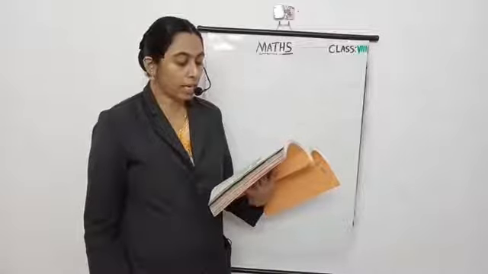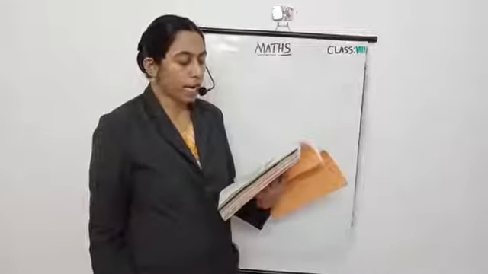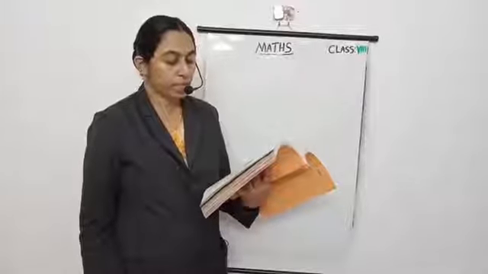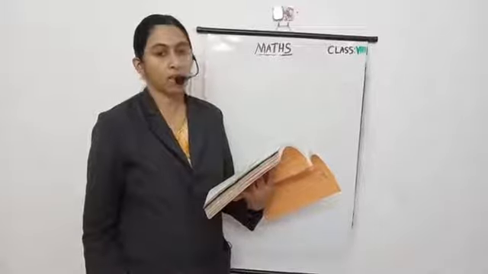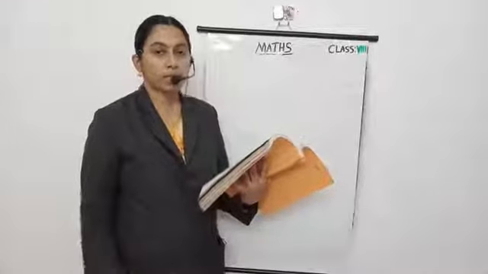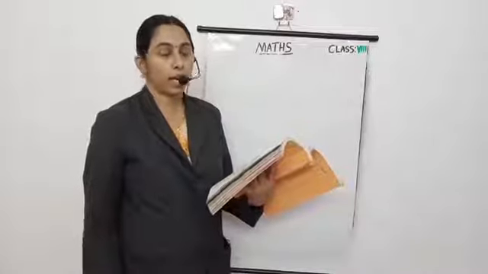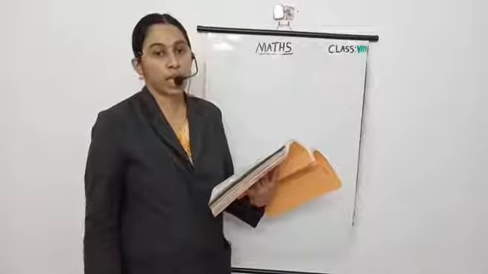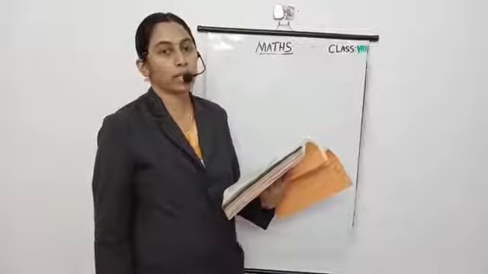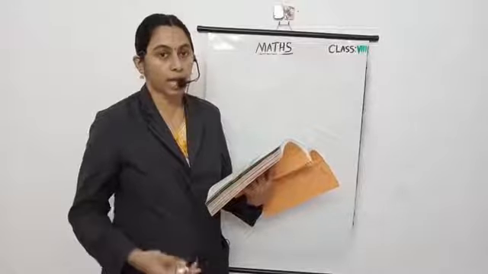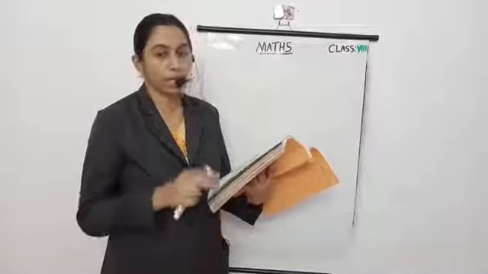Find CI on a sum of rupees 8,000 for 2 years at 5% per annum compounded annually. So here in the question they asked CI, as I said earlier. If we need to calculate compound interest, then the term CI is included in that question.